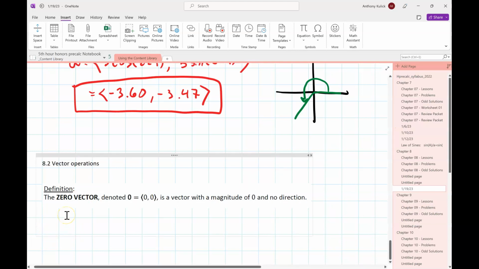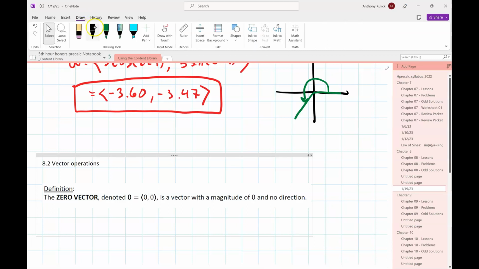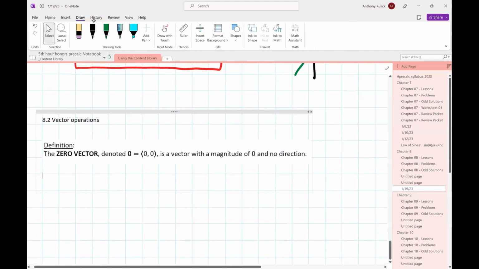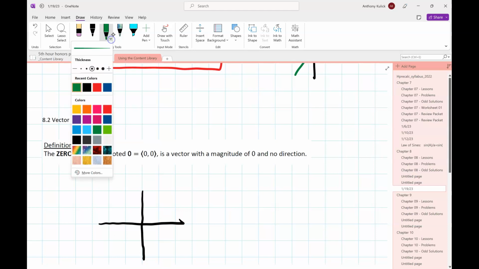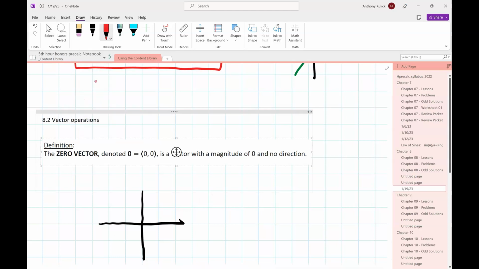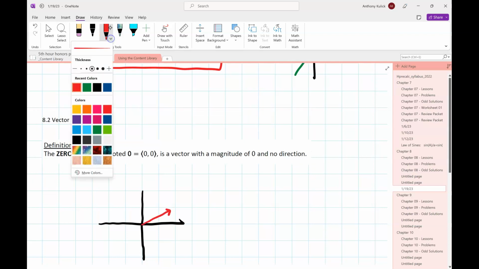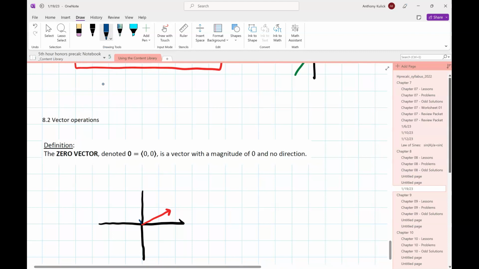So now let's talk about what if we wanted to add two vectors together, what would that really mean? Let's say we take a component form vector here and a component form vector there, and we wanted to add those two things together.